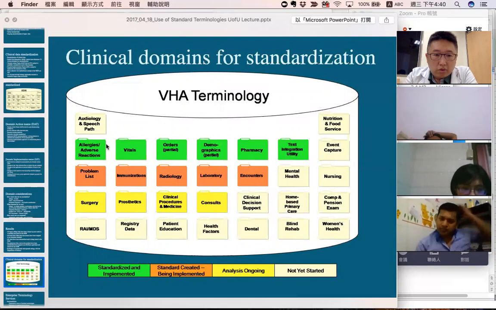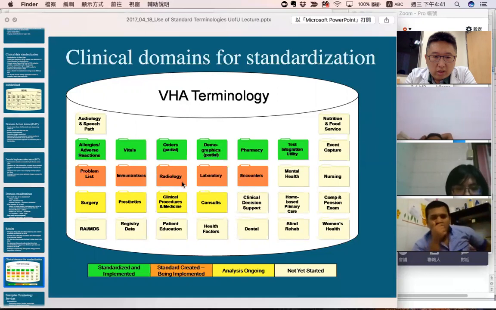So the colors reflect the different status of development. The green one is the easy one; they are already implemented. The orange one is under development, and the yellow one is the ongoing one.